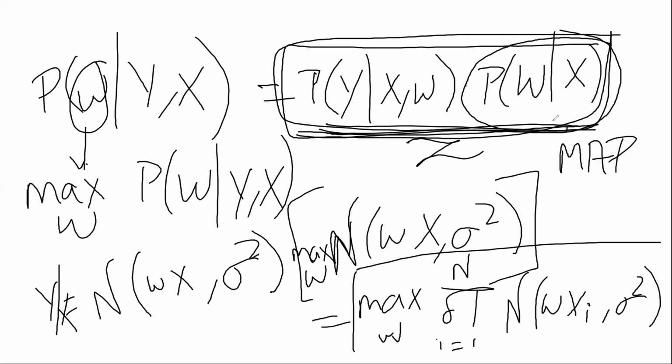Yeah, you're audible. So if you also assume this W comes from a standard normal, and you factor in this equation, then what you actually get is L2 regression. Not L2 regression, sorry.